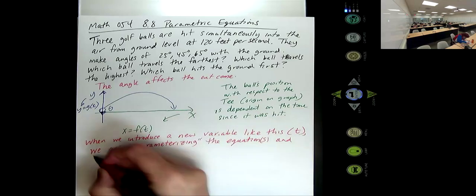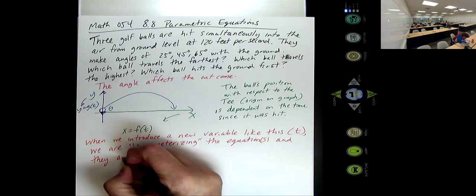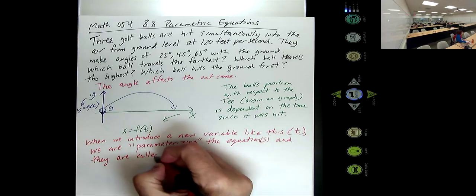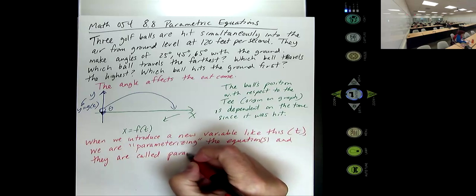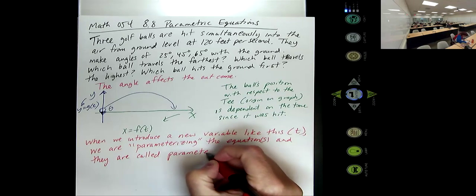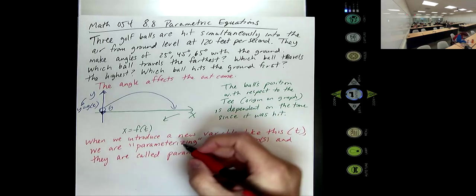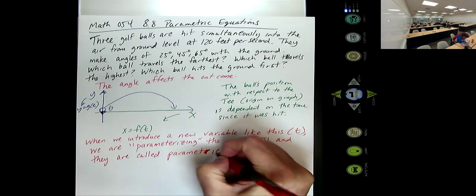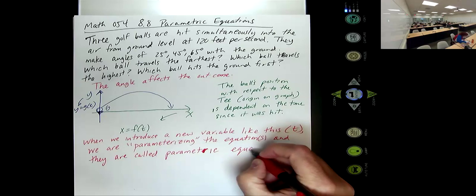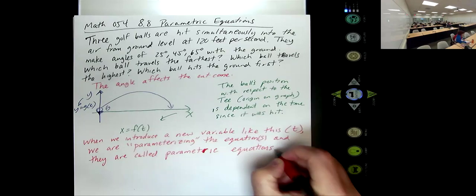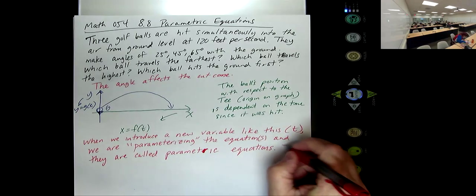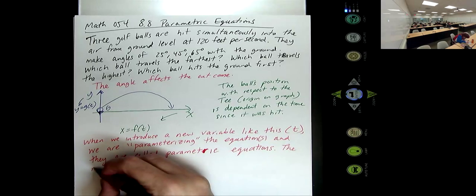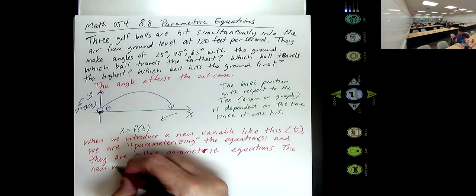And they are called parametric equations. The new variable is called the parameter.